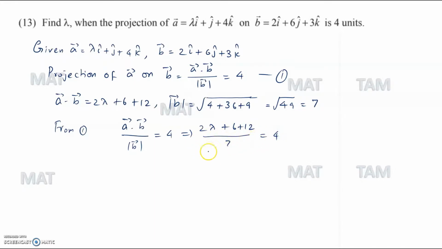So we can rewrite this as 2 lambda plus 18 is equal to 7 4s are 28, which implies our lambda is equal to 28 minus 18 divided by 2, which is 10 by 2, which is equal to 5. So lambda is equal to 5, hence the result.